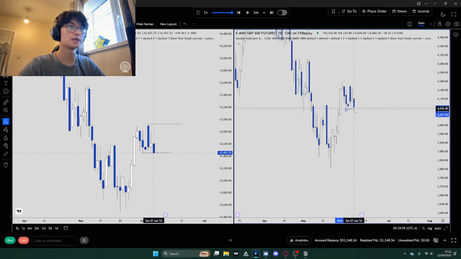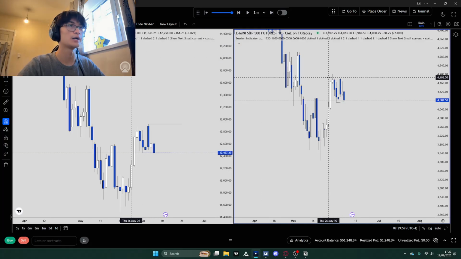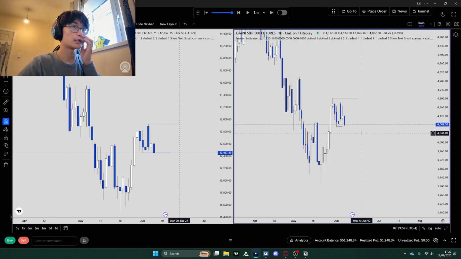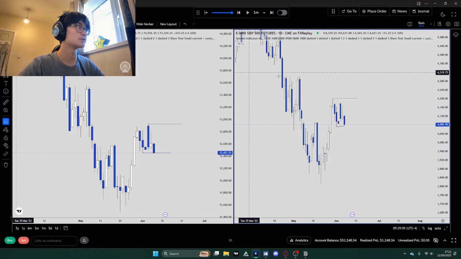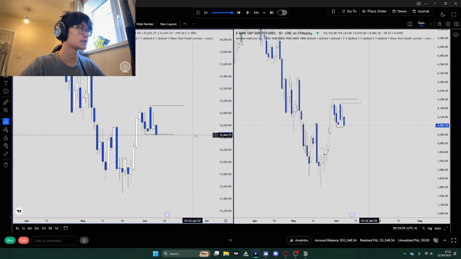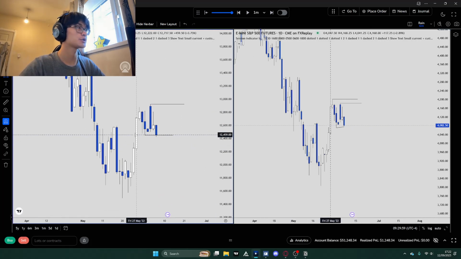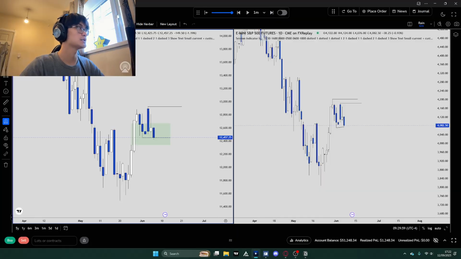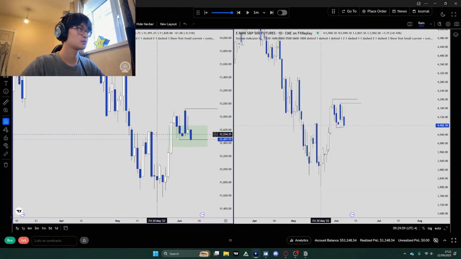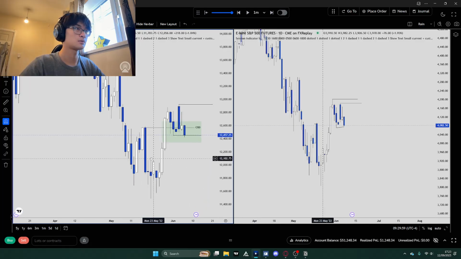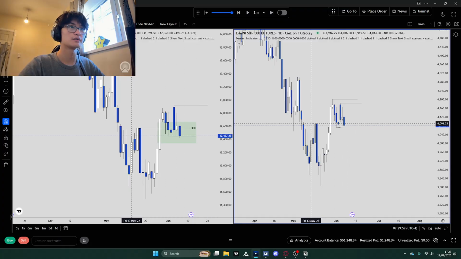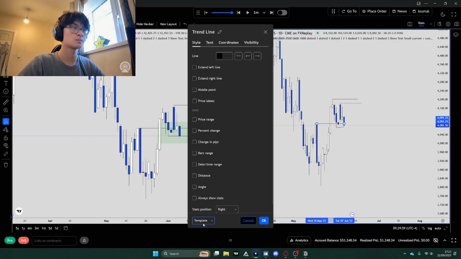Still the same high time frame bias. We have that swing high. Probably the targets for yes is that. Trading inside this busy and this change. And same thing for yes.